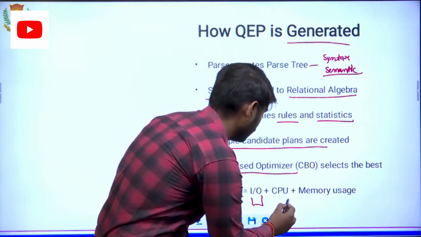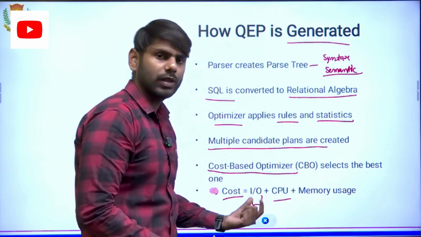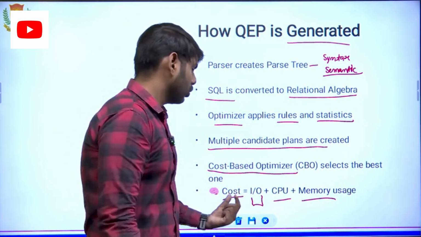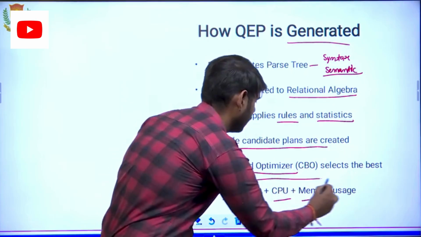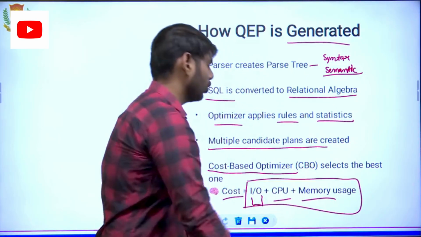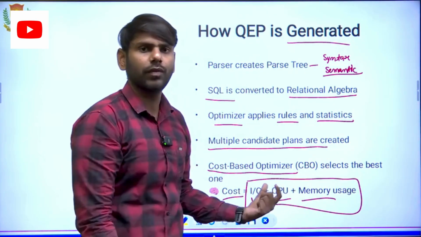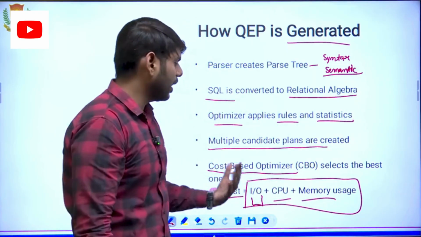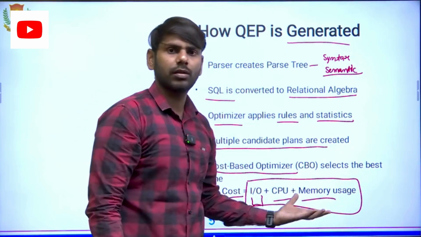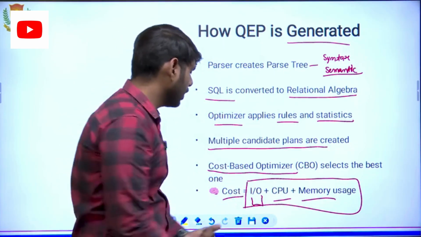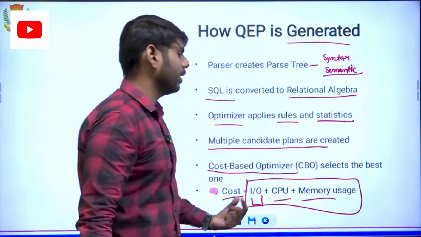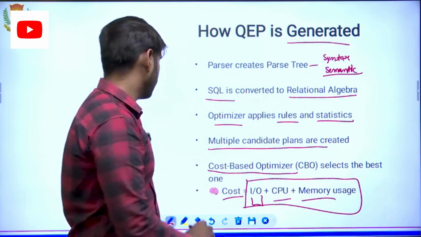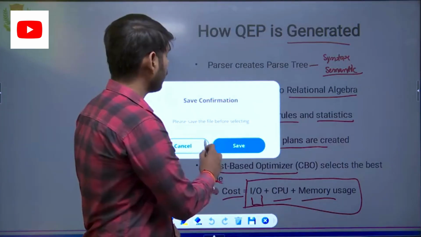So this is input output, then CPU cycles and memory usage. All these will be calculated by your DBMS. You don't have to worry about the calculations of the cost, the DBMS will do it for you, and in MySQL Workbench you can also see this cost. Once it is calculated, the DBMS automatically decides which plan is best for the execution of this particular query.